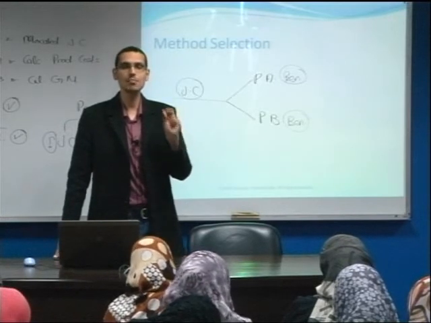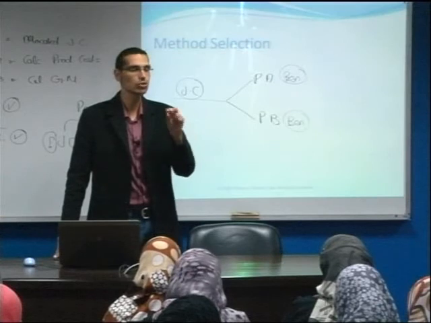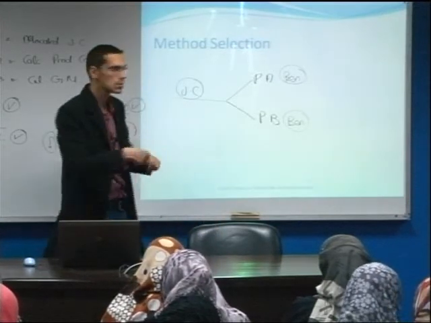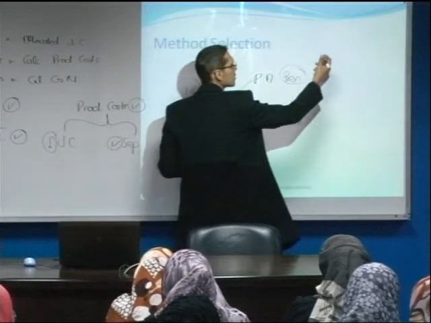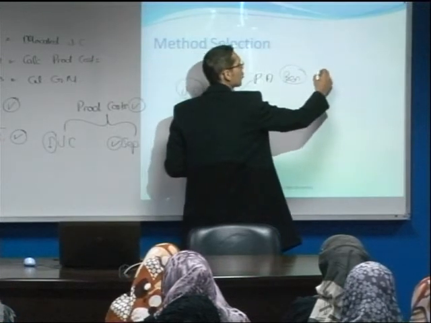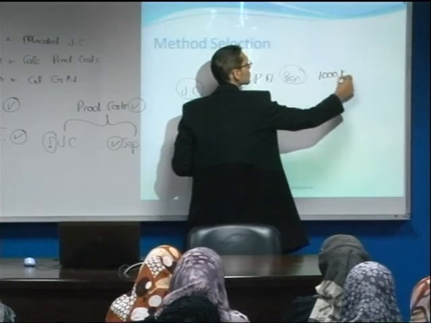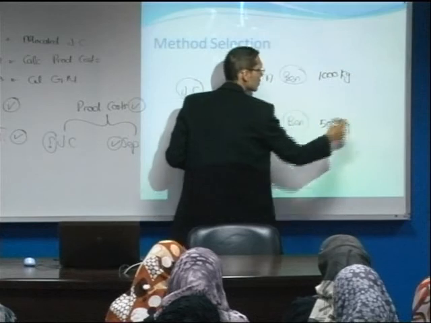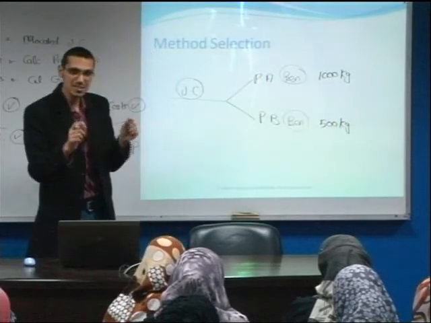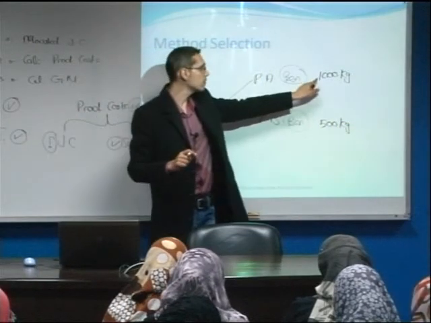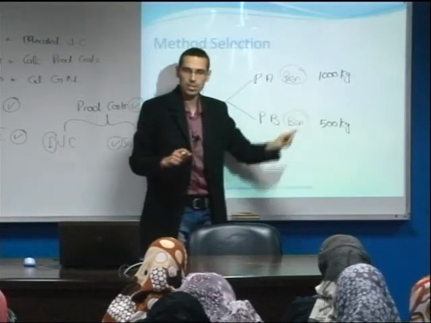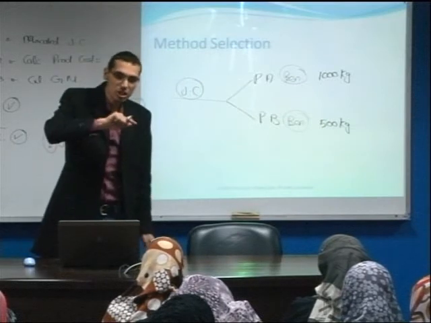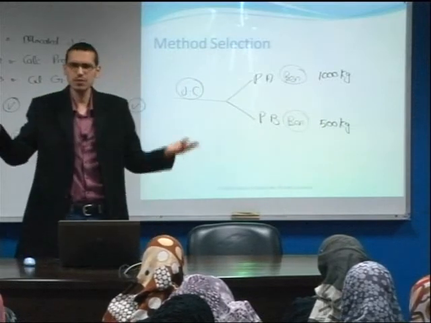Does the physical measure indicate the benefit? What do you think? If, for instance, product A achieved 1,000 kilograms and product B achieved 500 kilograms, does this mean that the benefit of the first product is larger than the benefit of the second product? Therefore, the physical measure does not indicate the benefit.